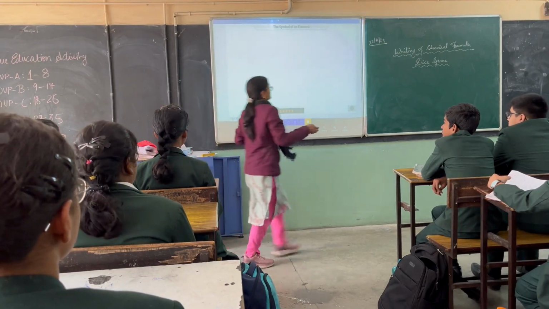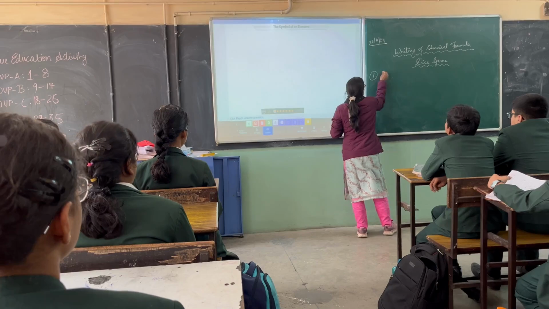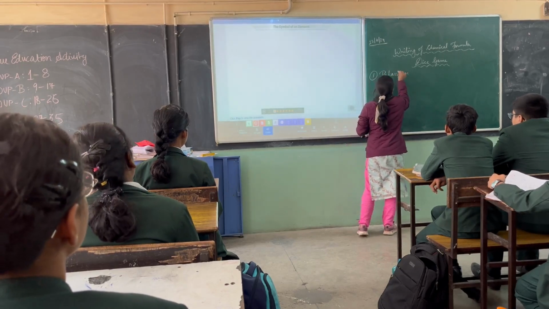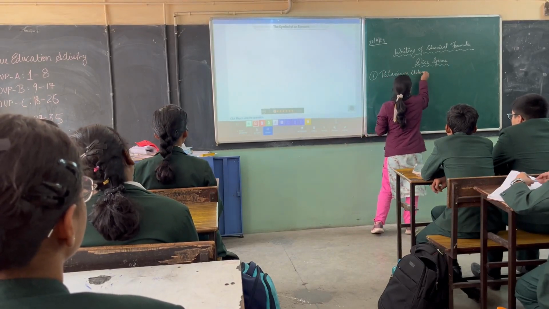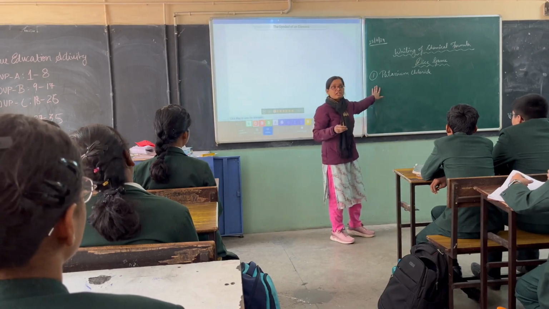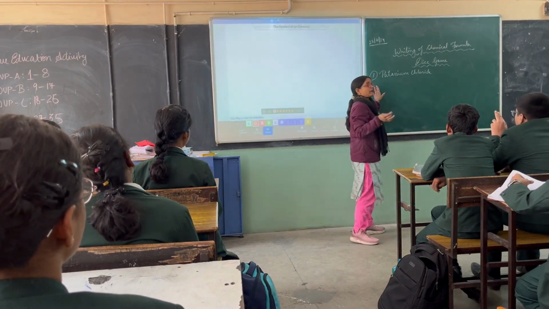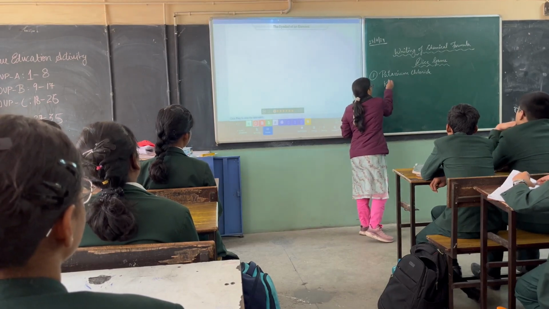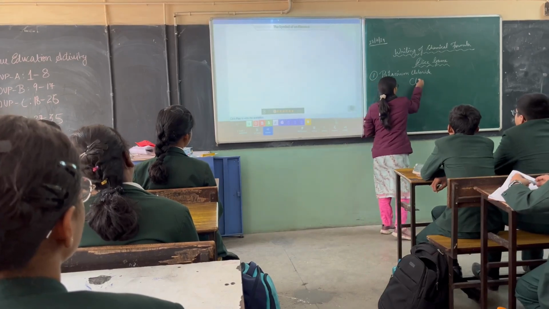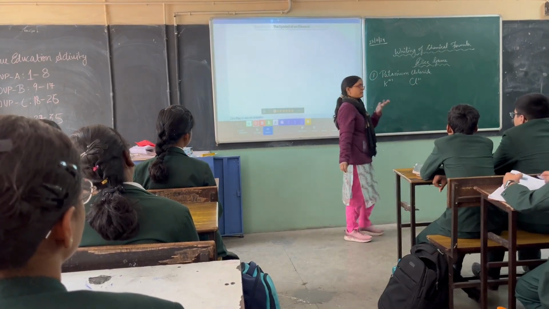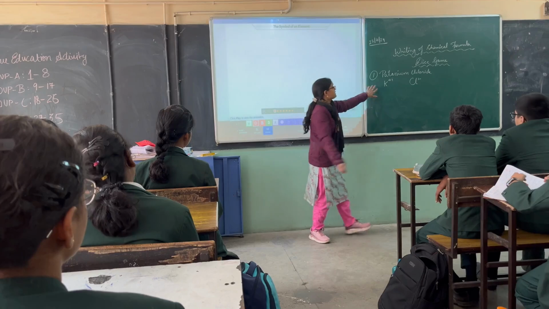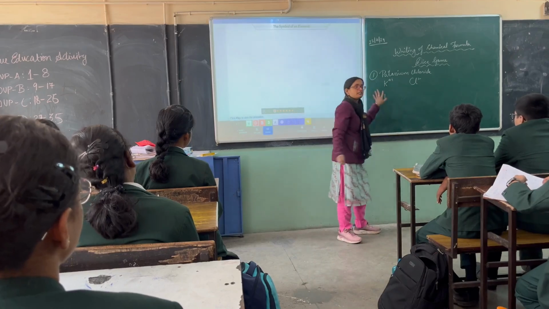Take for example potassium chloride. Now tell me what is the symbol of potassium ion? K, charge plus 1. Chloride ion? Minus 1. So next, we will write their charges just below the symbol.